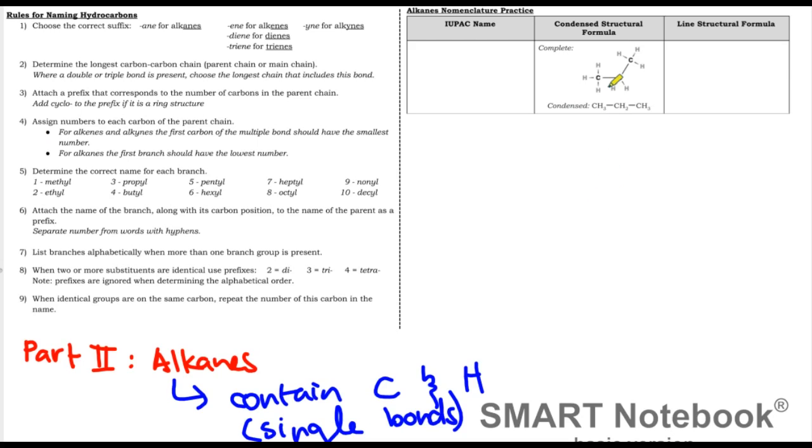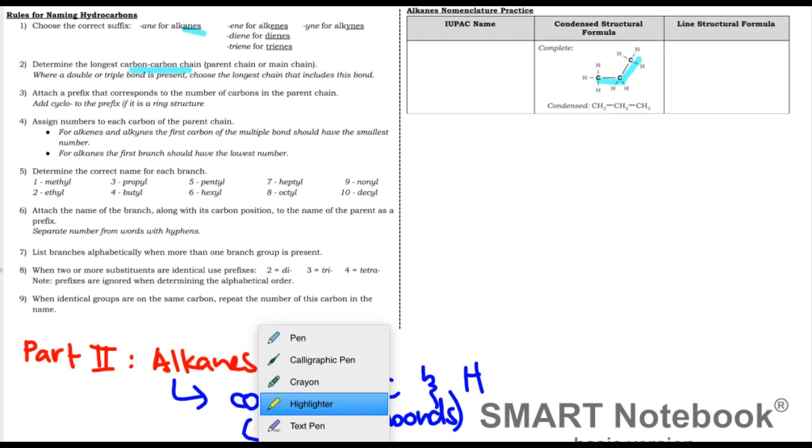So by default, the longest chain has to be this right here, carbon to carbon to carbon, where there are 3 carbons on your main chain or your parent chain. They're all single bonds. So we're going to use alkane, or ane, as the suffix. Our longest carbon to carbon chain has 3 carbons in it. So I'll write that down, 3 carbons.